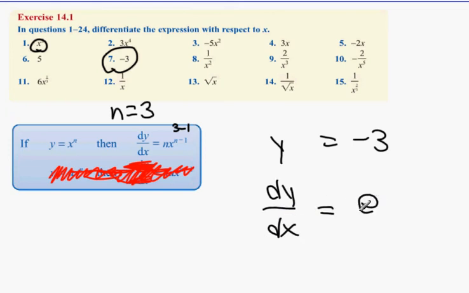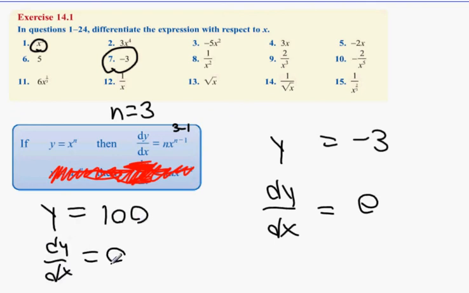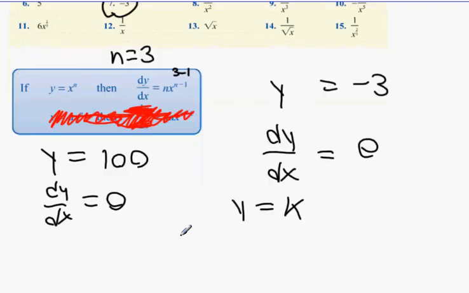Always 0. So if I say y equals 100, what happens when I differentiate it? 0. What happens if I say y equals k? k is a constant, which means it's any number I can think of. What happens when I differentiate that? 0. Okay, that's your next set of rules.